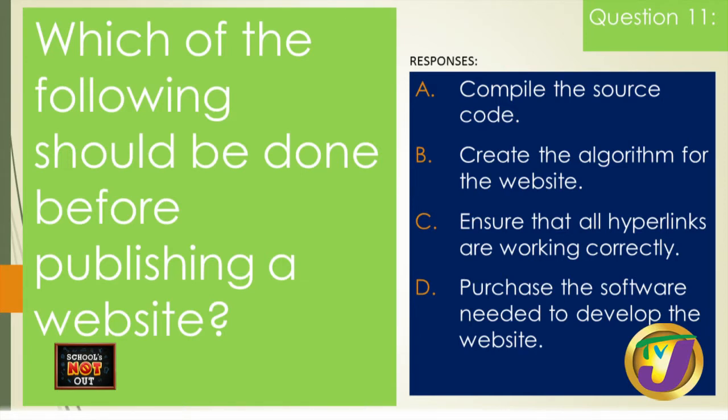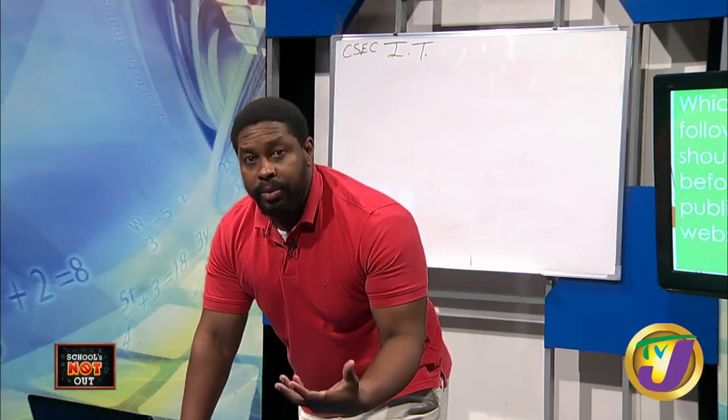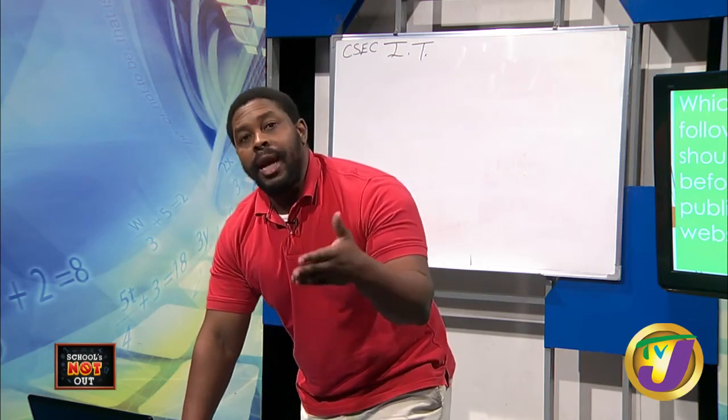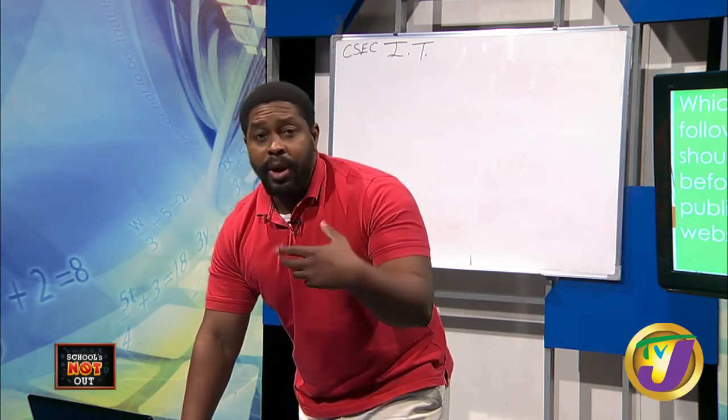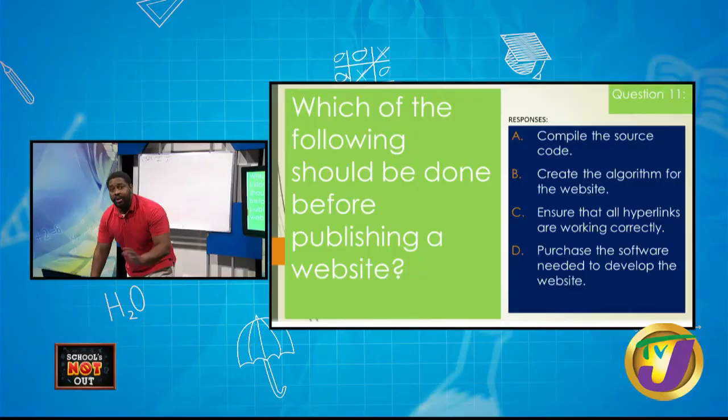C says ensure that all hyperlinks are working correctly. Now, this makes quite a bit of sense, because the key to any working website is that every single hyperlink works. If you are on a website and the hyperlinks don't work, you'll more or less trash the website and decide you want nothing to do with it because it's not moving you where you want to go.